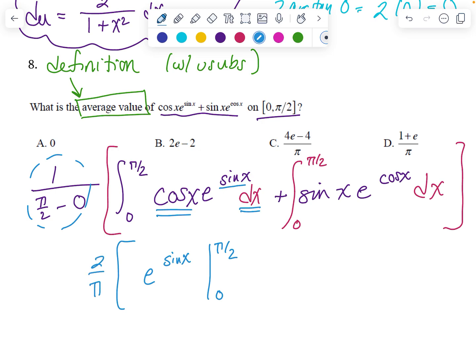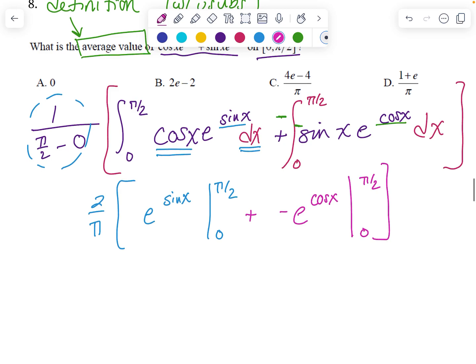Okay, and then over here, this is a place you could easily make a plus minus kind of sign error if you're me. The derivative of cosine is negative sine, so we need a negative, balance it with a negative. So over here, I'd have, I'm going to write it as plus and negative. I think I'd make fewer mistakes that way. E to the cosine of x once I do my u substitution. And then pi over 2 and 0. Okay? Then we're going to plug stuff in.